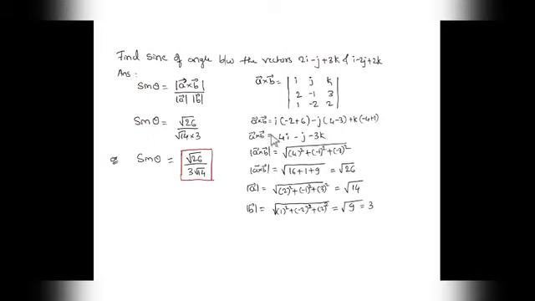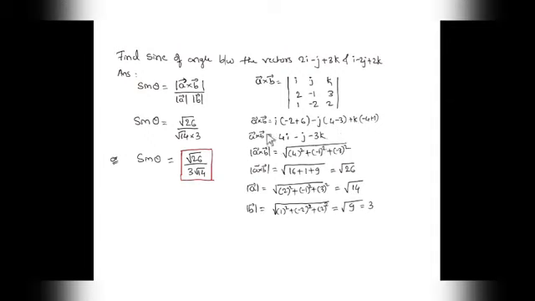Now vector A cross vector B is equal to 6 minus 2 is 4i minus 4 minus 3 is 1 minus 1j, minus 4 plus 1 is -3, minus 3 into k is minus 3k.